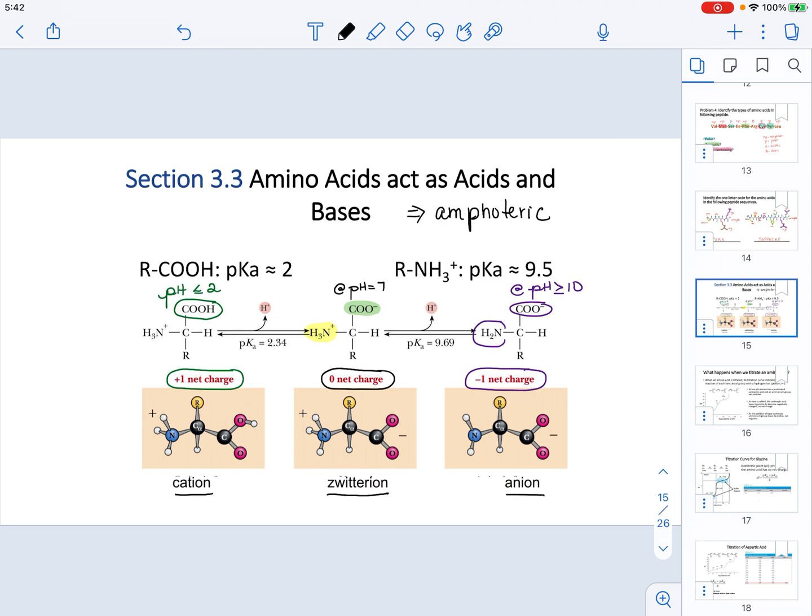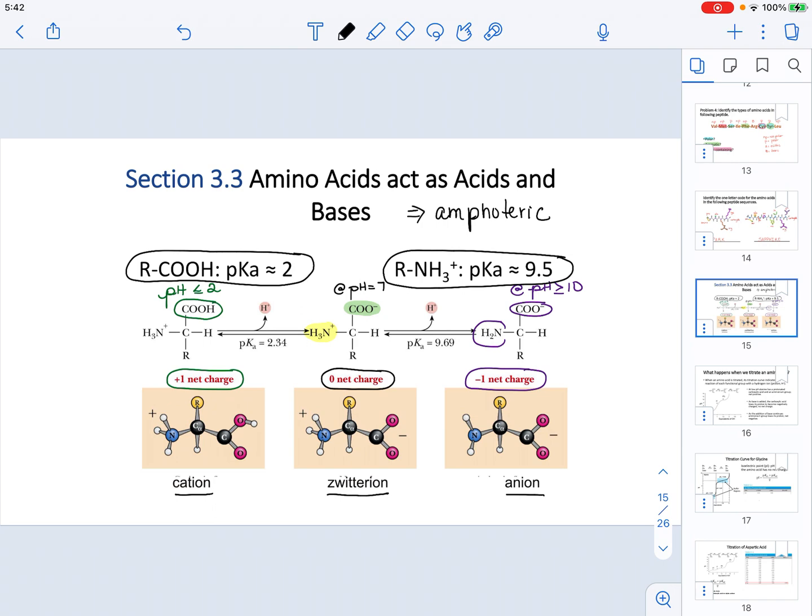Now, understand that these different forms of the carboxylic acid portion of the amino acid and the amino side of the amino acid, that I have highlighted in these examples, come from the idea of the pKa's that we have for those groups within the amino acids.